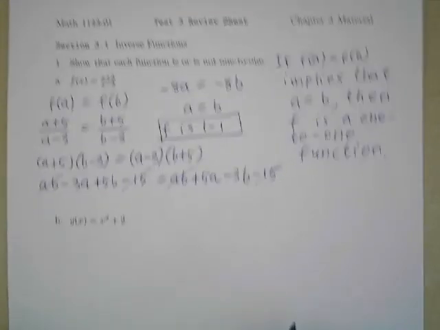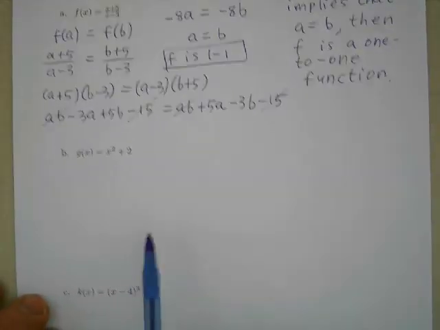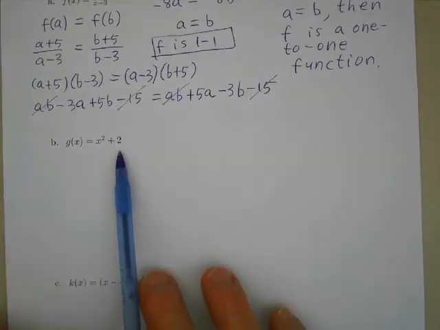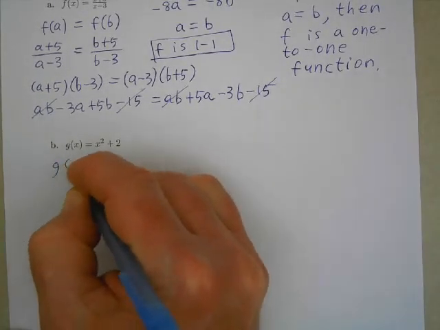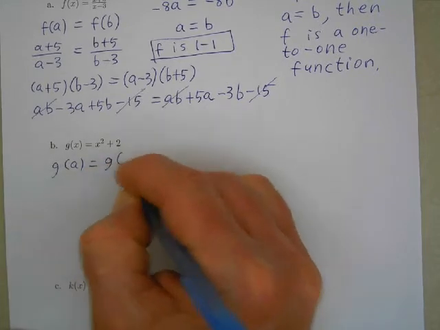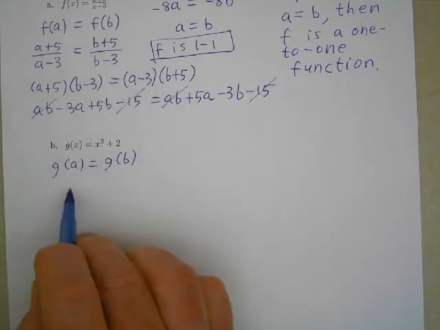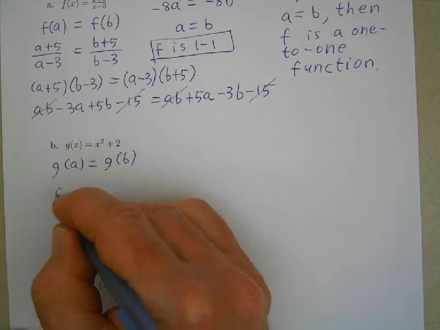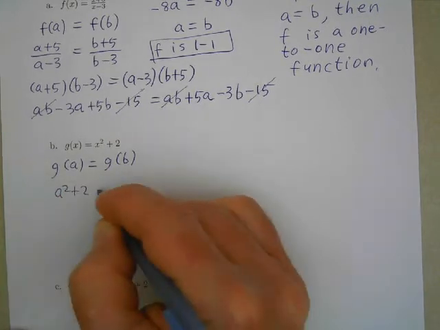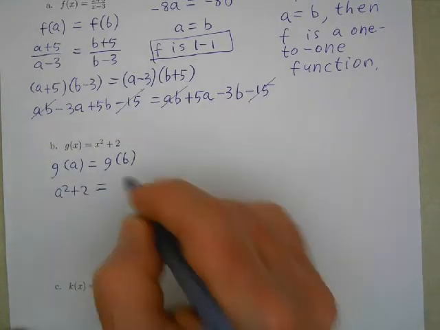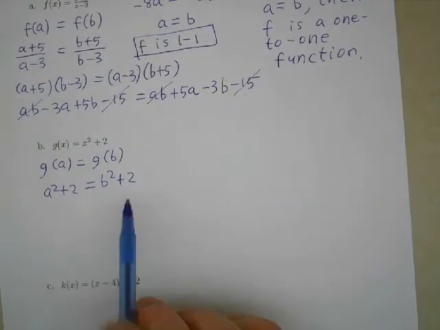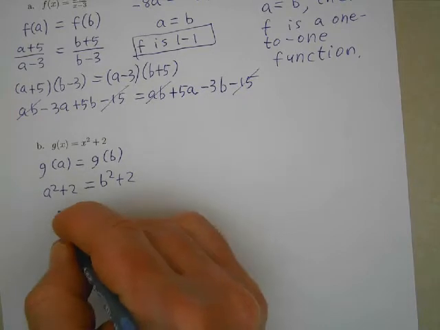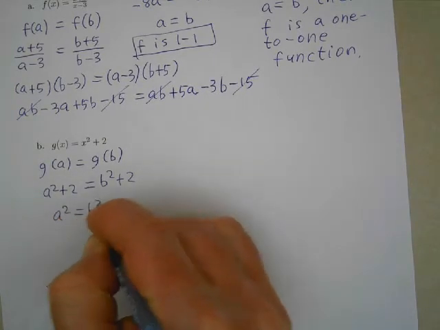In the next example, g of x equals x squared plus 2. So if we start out by writing g of a equals g of b, g of a is a squared plus 2, g of b is b squared plus 2, and then if we subtract 2 from both sides, we get a squared equals b squared.